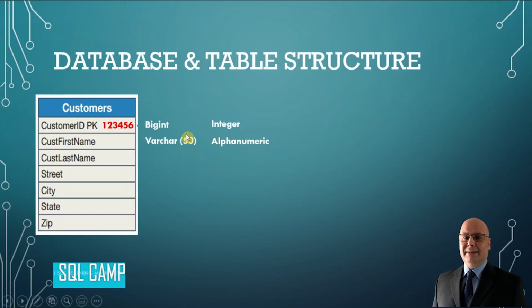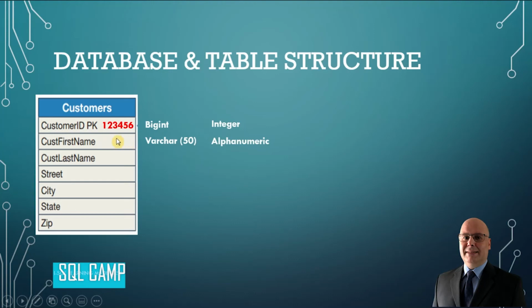When we define 50 here, it means that only 50 characters can be entered as a max. So you can enter 20 characters if you want, you can enter 30 characters, 40, 49, up to 50 characters.